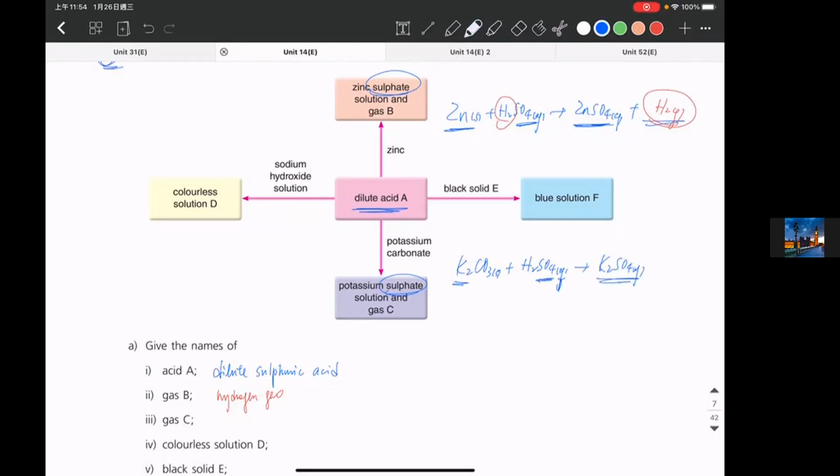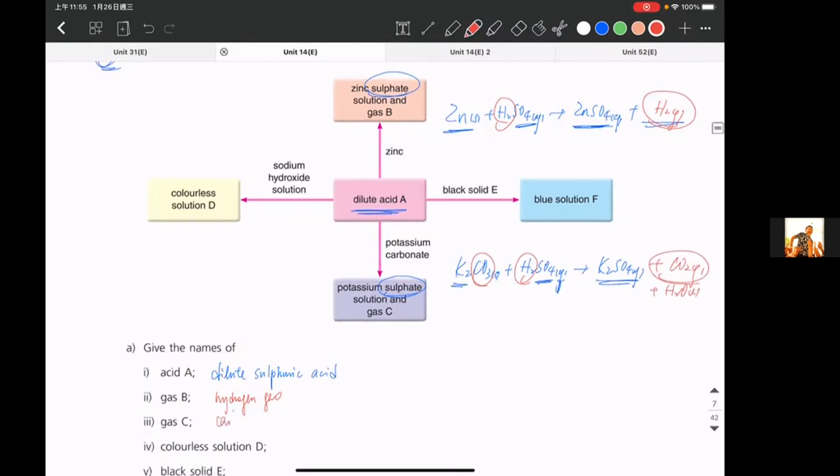So what is left behind? Carbon dioxide and water. Yep. So the gas is carbon dioxide. Yes, that's right. So this is the way to solve the problem. Can you get my point? So this is how we deal with those gases, right?